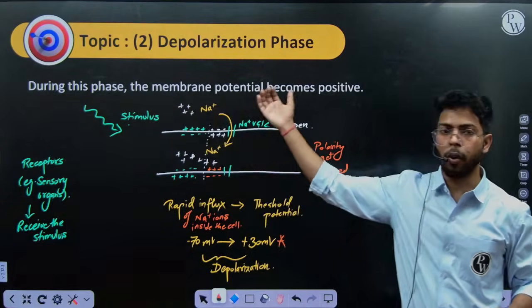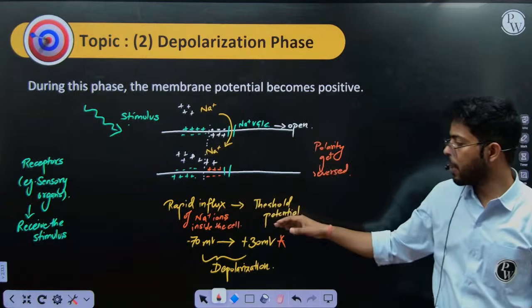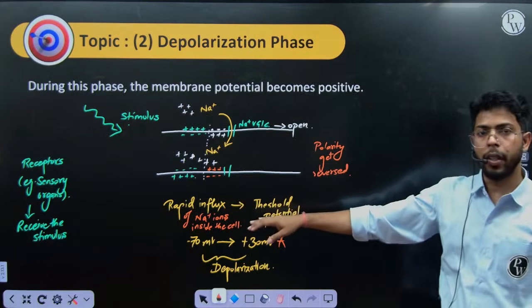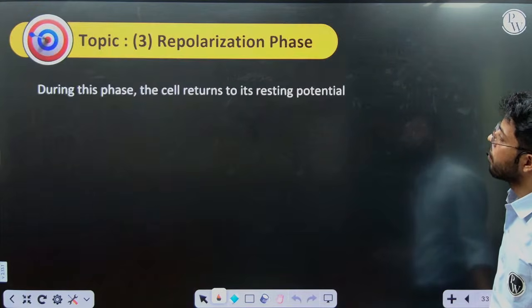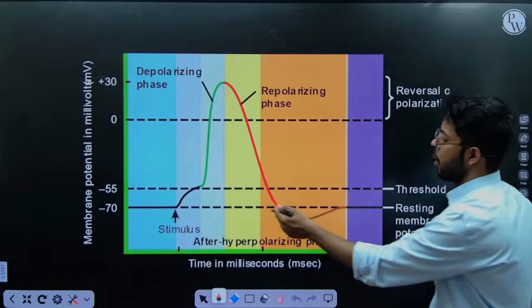This is the depolarization phase. First, it will pass the threshold potential. If they do not cross this potential, then there is no generation of the action potential.